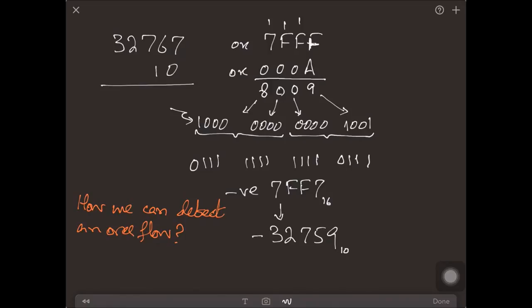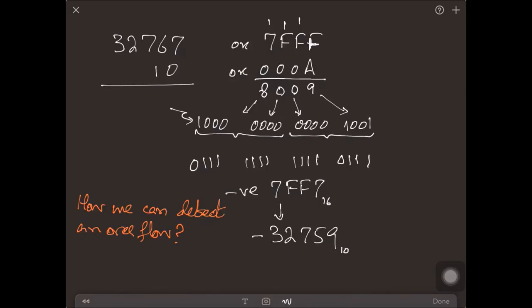Check the sign of both operands as well as the result. If the operands have different signs, that is, one operand is positive and the other is negative, overflow will never happen. And if the operands have the same sign, let's suppose both operands are positive, but the result is negative, that means an overflow has occurred. Similarly, if both operands are negative and the result is positive, we again say that an overflow has occurred.